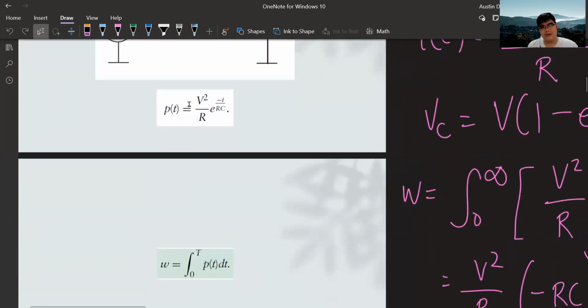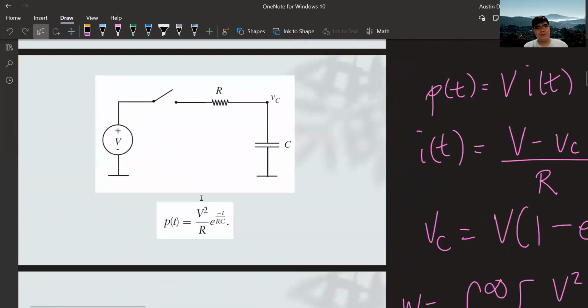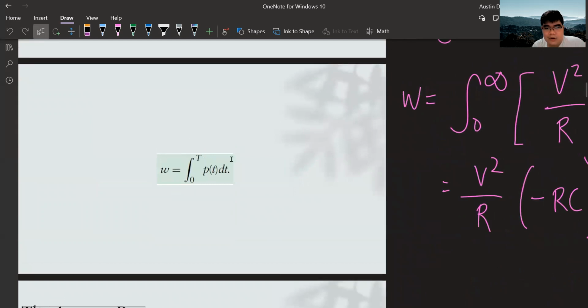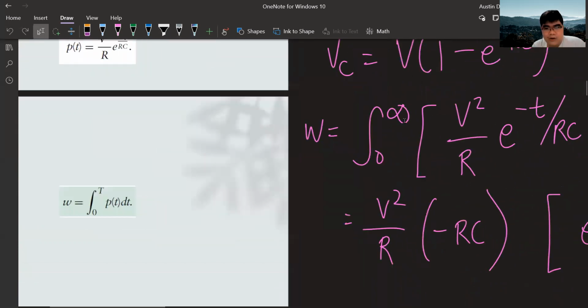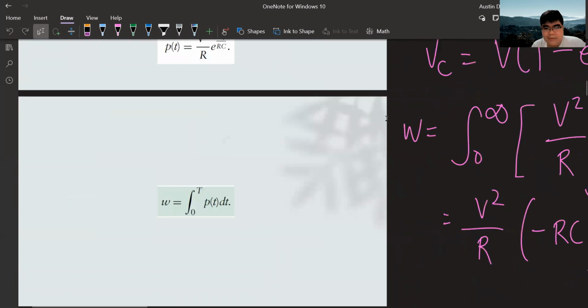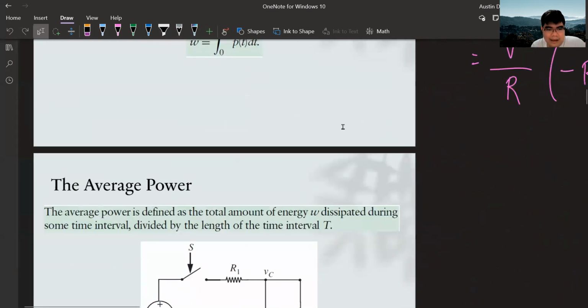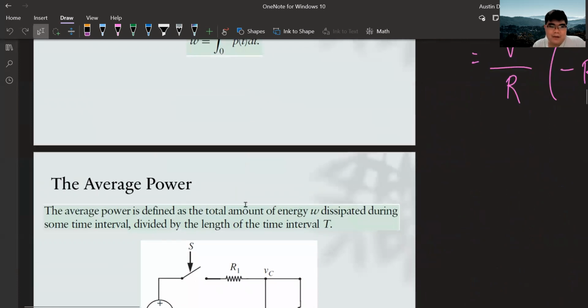However, in our discussions, especially in digital systems, the inputs are sinusoidal and continuous through time. So it would not be very wise to always integrate over infinity in time, because things would blow up. So what we actually need is the average power.